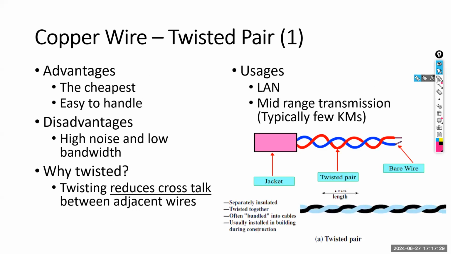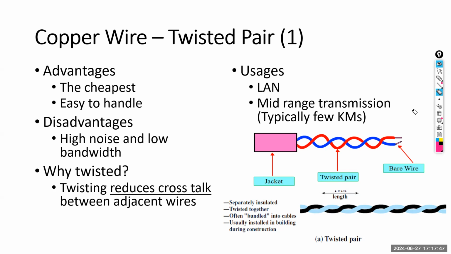Twisted pair means twist, like an umbrella twist. That is a twist basically. Twisted pair is the most widely used in our normal wired local area networks.